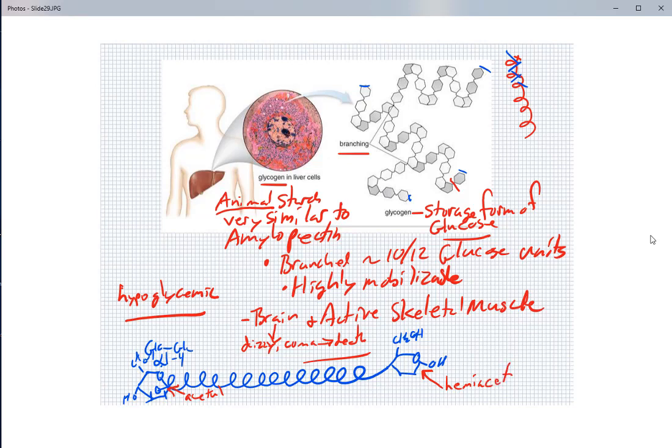Remember, hemiacetals are unstable and they can open up, and when they do, they can react with copper in Fehling's reagent, so this end here is referred to as the reducing end, because this is the end that contains the hemiacetal. This end here is the non-reducing end.